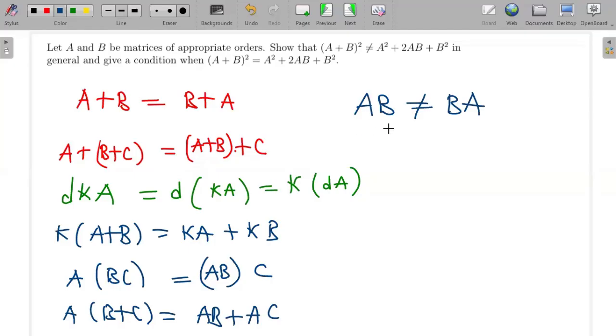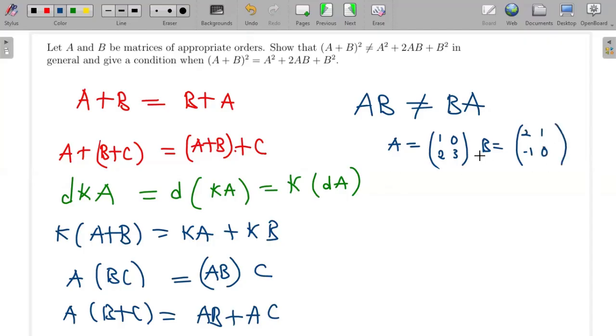So, for example, if A is equal to, let's say, [1, 0; 2, 3], and then if my B is equal to, let's say, [2, 1; -1, 0].